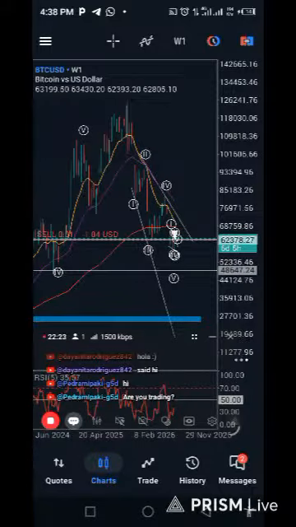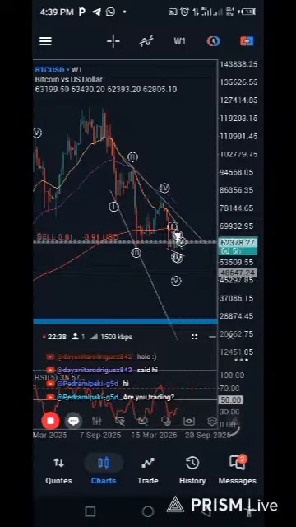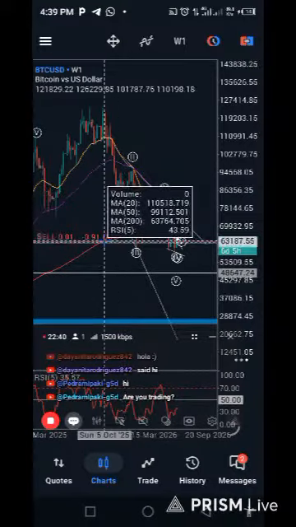Then it started reversing. And anytime a trade reverses, it's called a corrective wave. Correctional movements are very dicey. You can see for the past few months, where did it start from?